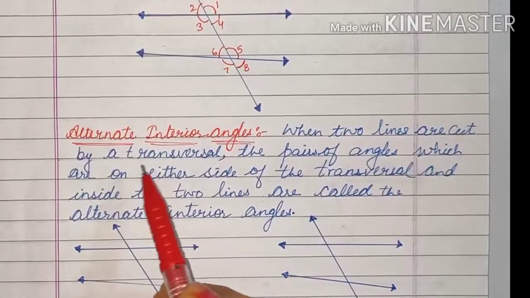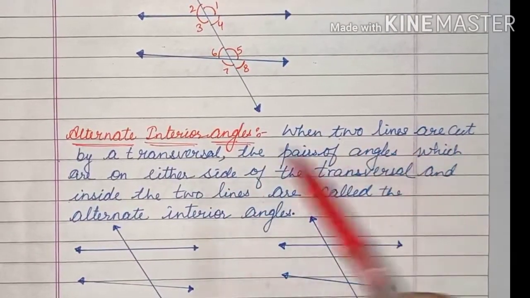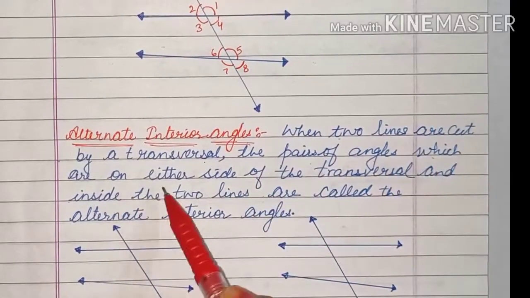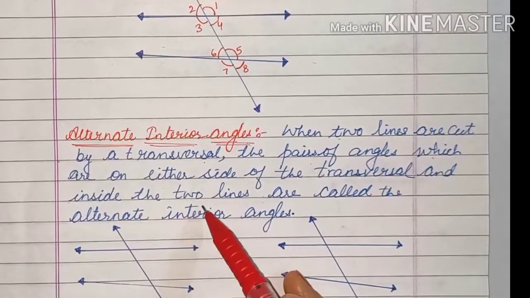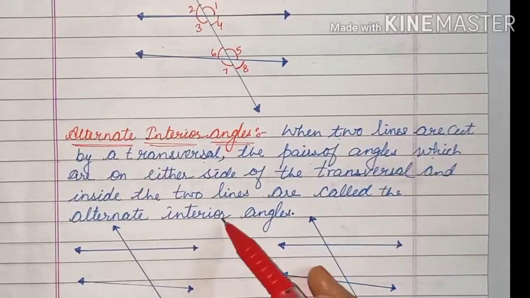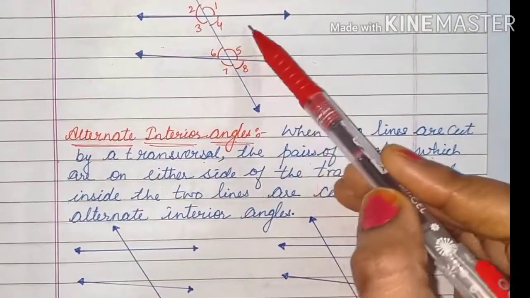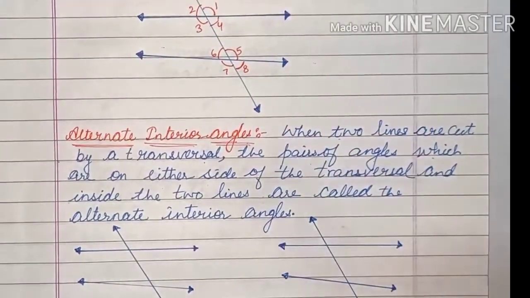Next is alternate interior angles. When two lines are cut by a transversal, the pair of angles which are on either side of the transversal and inside the two lines are called alternate interior angles. Interior angles, you already know, are the angles between the lines. Angle 3, 4, 5 and 6 are interior angles.